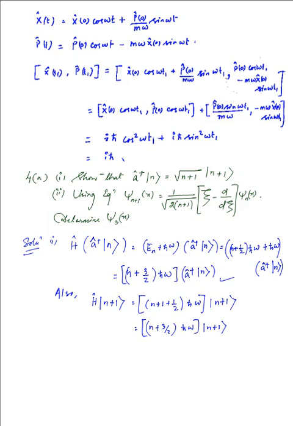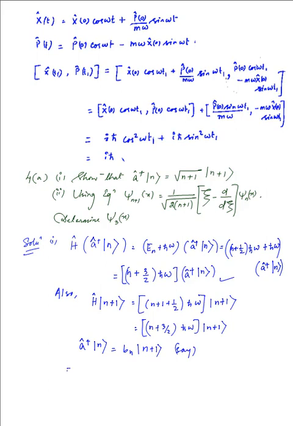Also, we know that the creation operator is an eigenket of the Hamiltonian, and so corresponding to n plus 1, the creation operator has to be some multiple of n plus 1. So we have the creation operator acting on n to give us some other value multiplied to n plus 1, that is, we are assuming, let us say, that is bn.